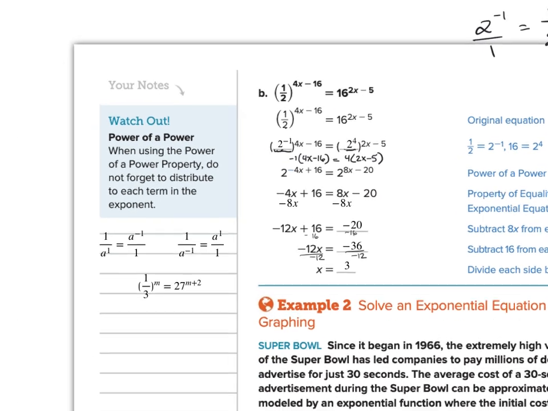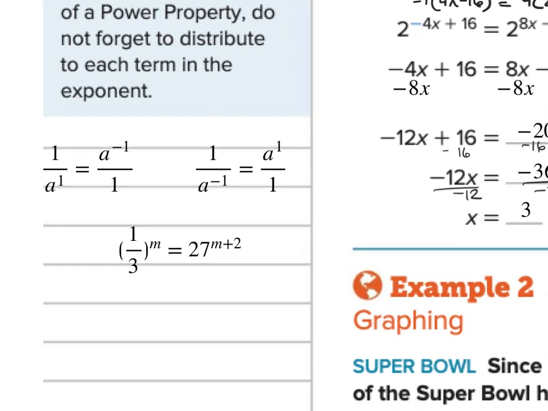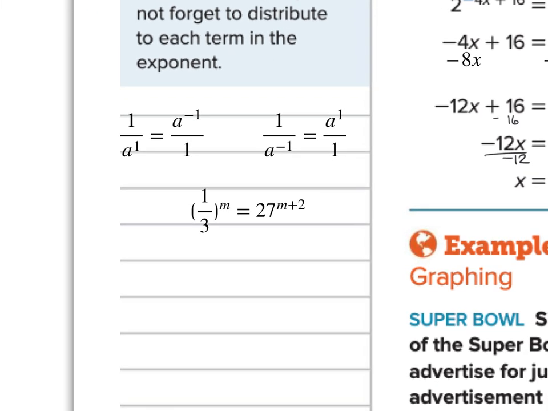So now here, again, understanding what is going on with this 1/3. You can give this a try to solve and then check the video, but I'm going to go ahead and solve it now. I know that this is the same thing: 1 over 3 to the first, which would be equal to 3 to the negative first.